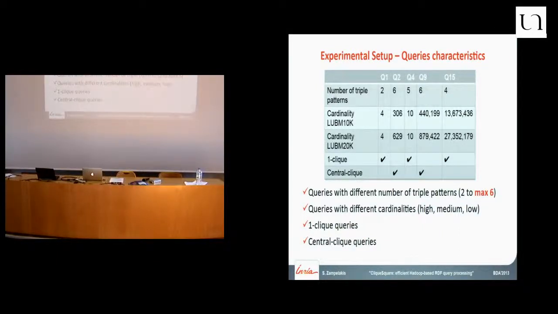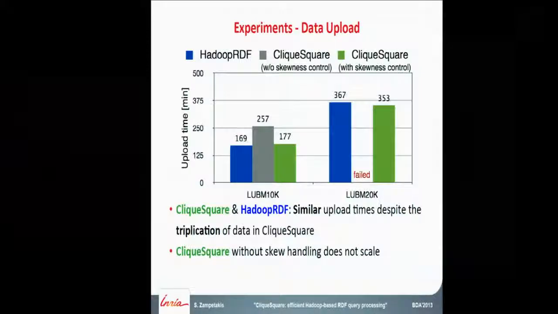We want to have queries with a varying number of triple patterns, so we selected queries with 2 to 6 triple patterns, which is the maximum that the LUBM benchmark contains. We selected queries with different cardinalities from high to low, and we made sure that we have one-click and central click queries.